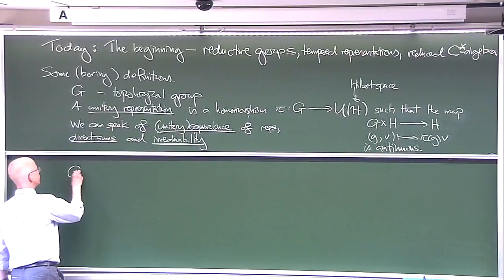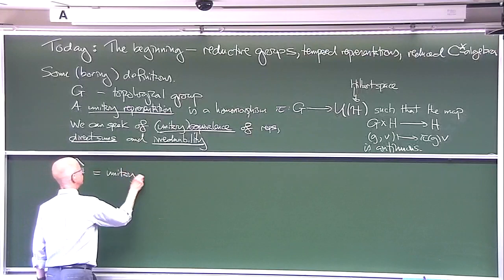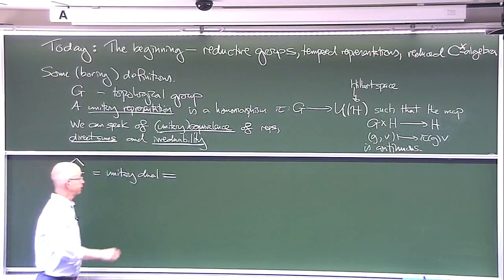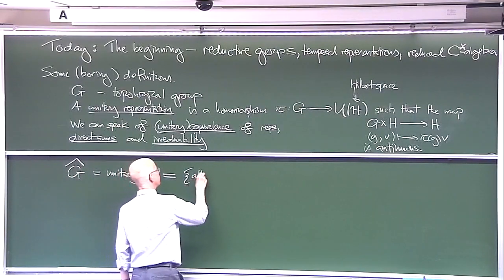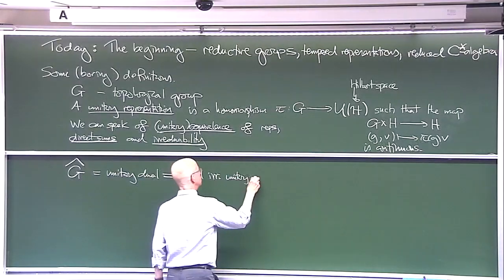And then you can build this space here, G hat, the so-called unitary dual. It's just all irreducible unitary representations up to equivalence.